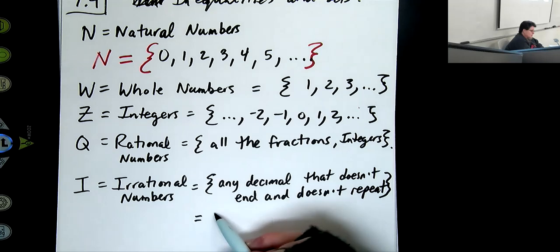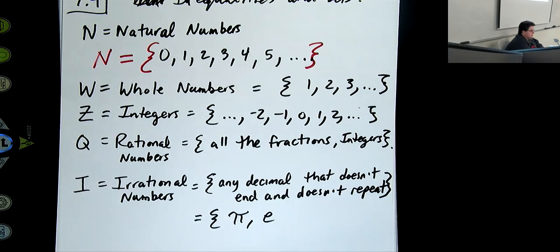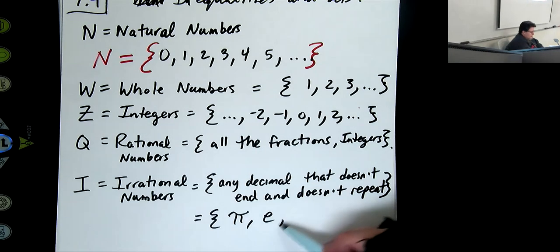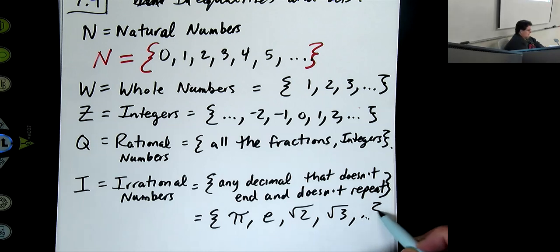Two of the most common ones are pi and e. But things like square root of 2 and square root of 3 show up in here too. There's a lot in the irrationals.